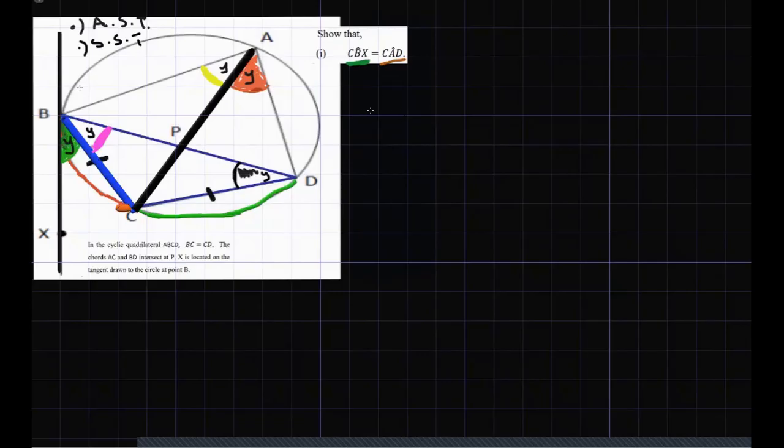All right, so here we go. What's the first thing we figured out? We figured out this green angle is equal to the yellow angle. What's the green angle's name? Angle CBX. So CBX is equal to the yellow angle.